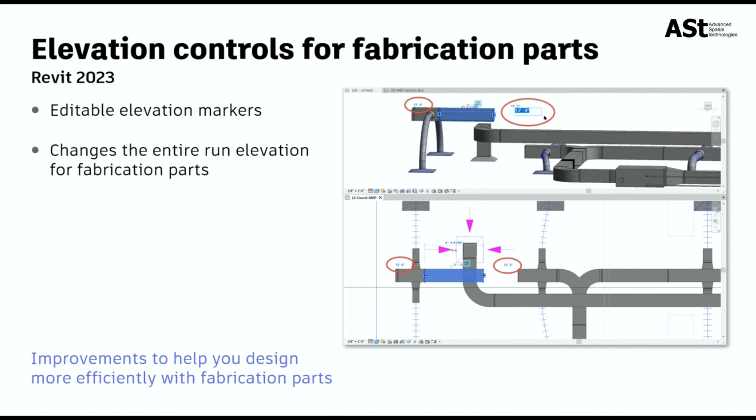These are editable to control the elevations on fabrication parts, and changing the elevation will move the entire run, unlike design elements, which would apply a slope to the run. So these improvements will help you detail more efficiently in Revit.